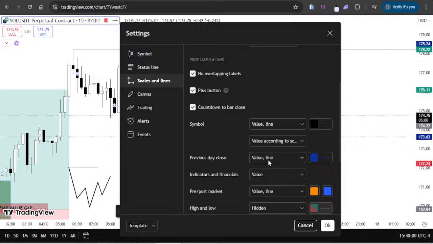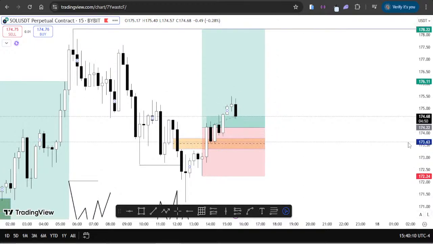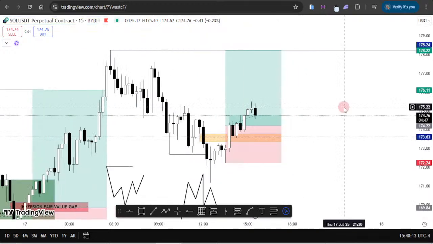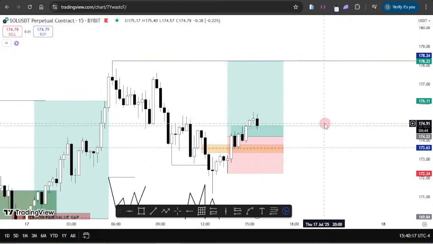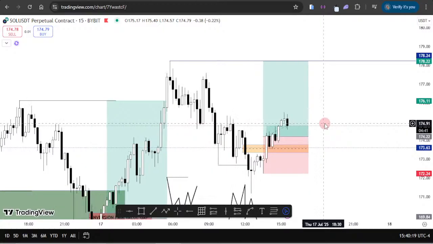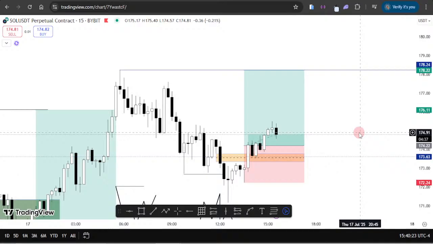I choose the value and the line, and my color is blue. That is how I have this blue line here. Previous day close, strong level, strong smart money level. It is a strong liquidity pool. Go through your chart, you will understand and see how price reacts with it.